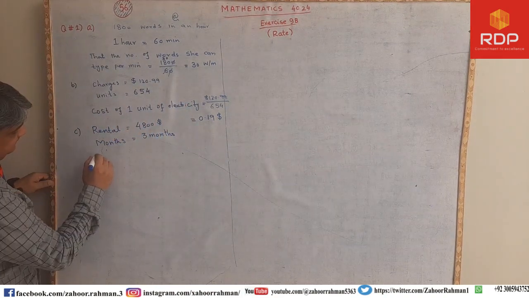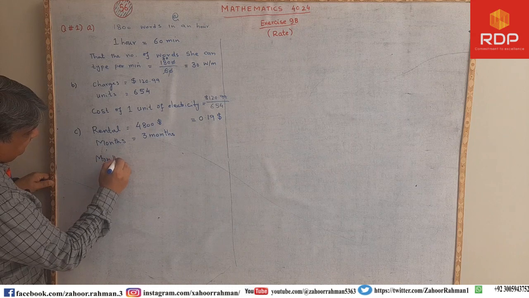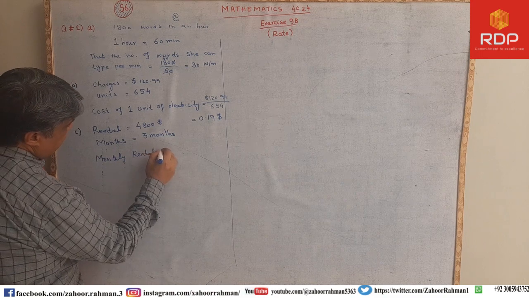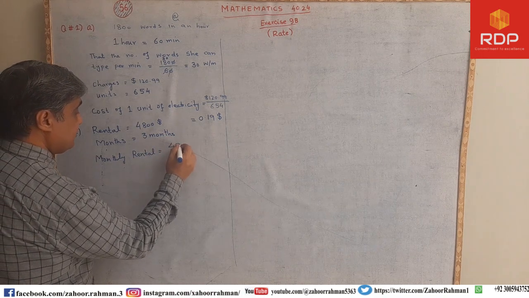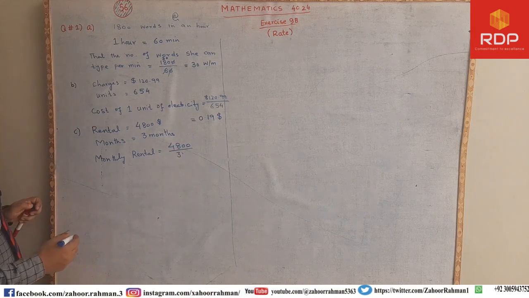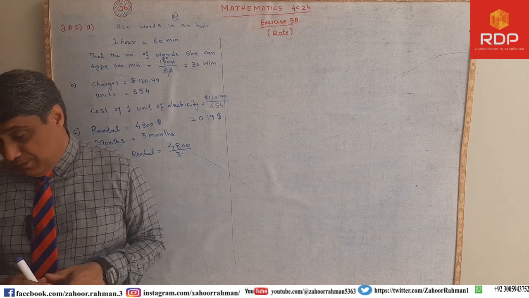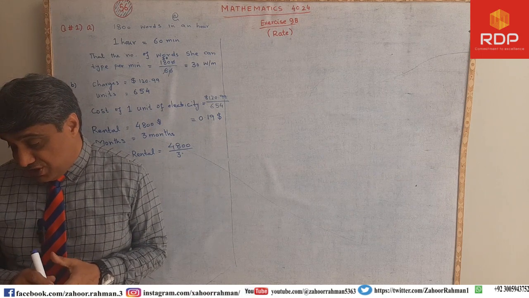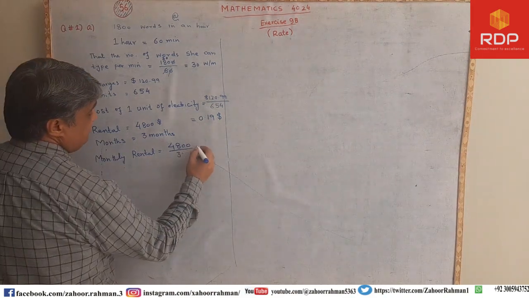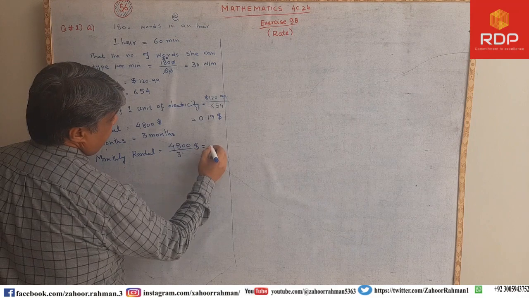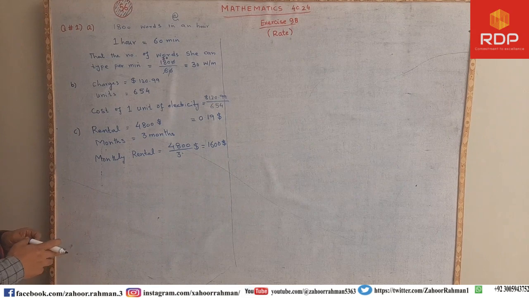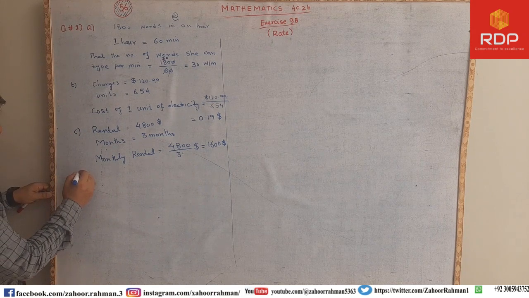So we will write that the monthly rental is equal to 4,800 divided by 3, and that will be equal to $1,600. It means that when we divide, $1,600 will be the rate of 1 month.